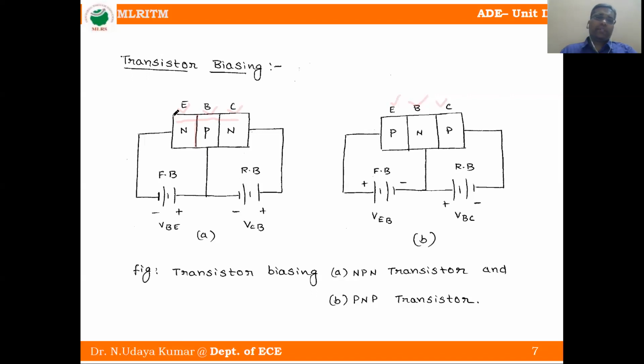Emitter means it emits the carriers. Base is lightly doped, which means only a small number of holes are there. So these electrons combine with holes and the remaining electrons are collected by the collector. So this is the current direction.